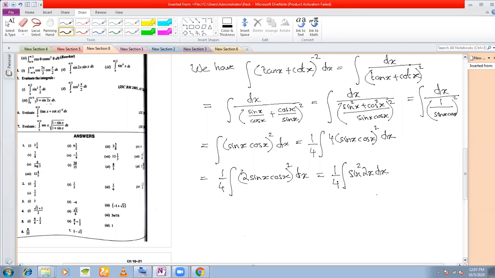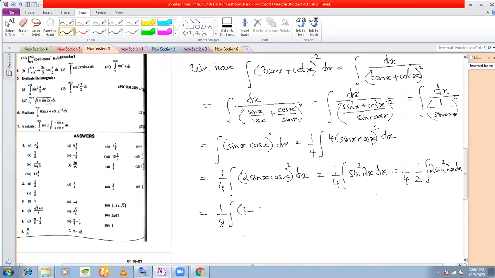And how do we evaluate sine square 2x? Again, we'll use the multiple angle formula. 1/4 I have already taken. I take a half here and I take 2 inside: 2 sine square 2x dx. What is the formula for 2 sine square theta? It is 1 minus cos 2 theta.